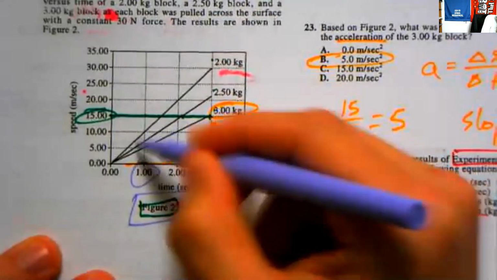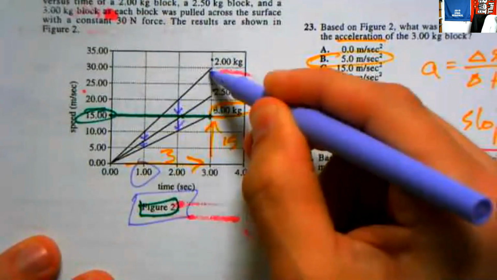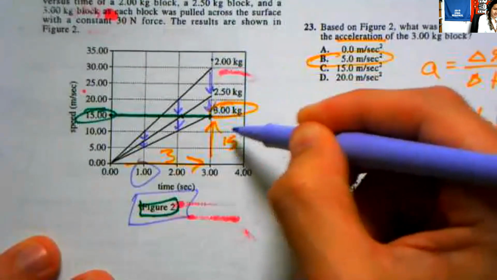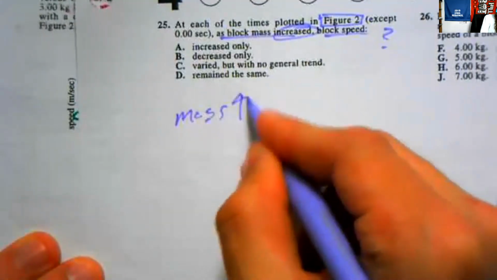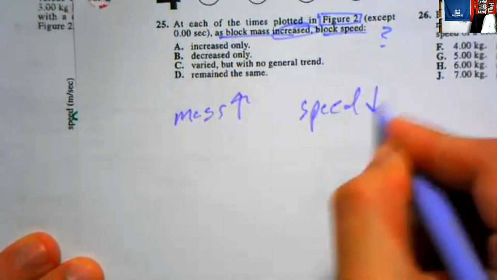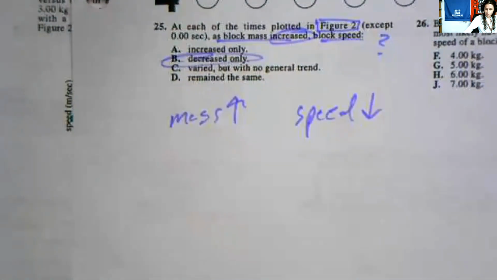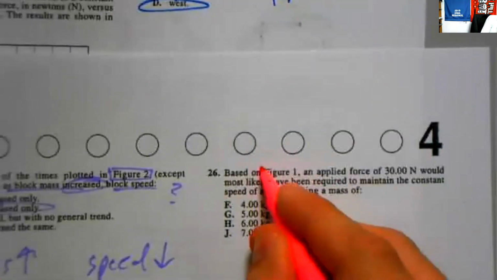Well, here at time 1, went down, went down, went down. As the mass goes up, the speed goes down. So it decreased only.